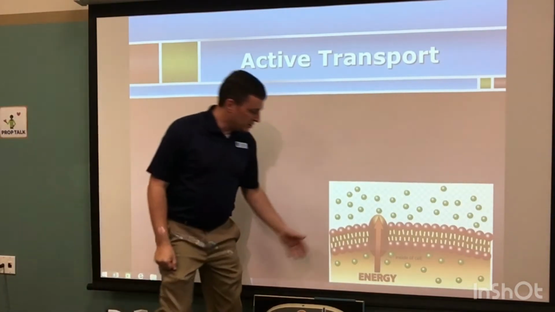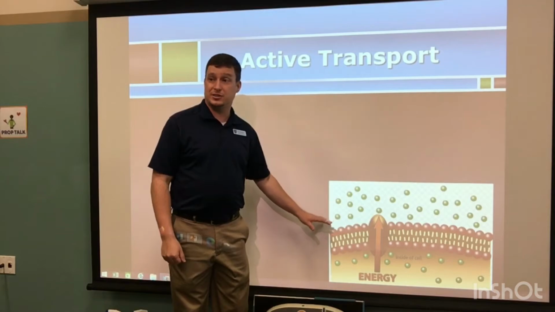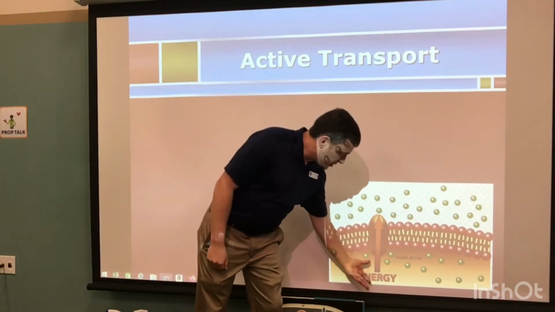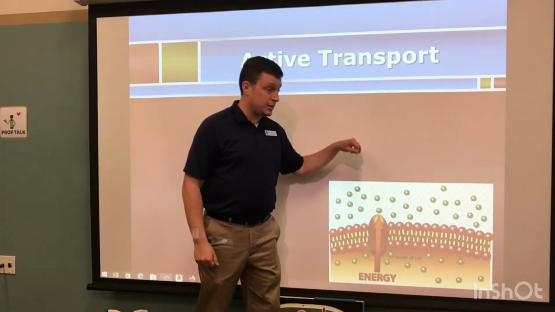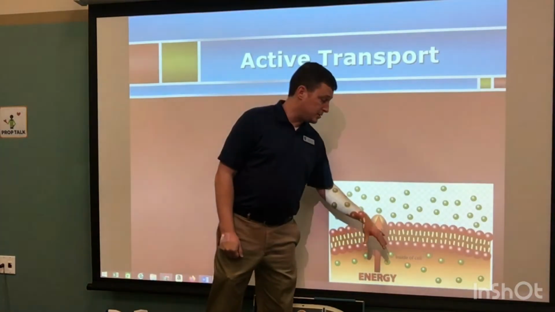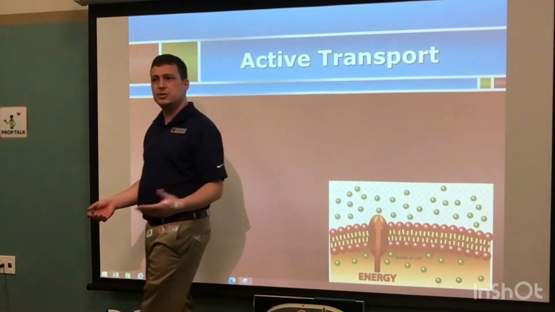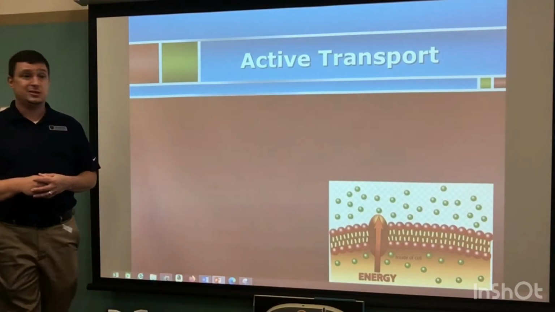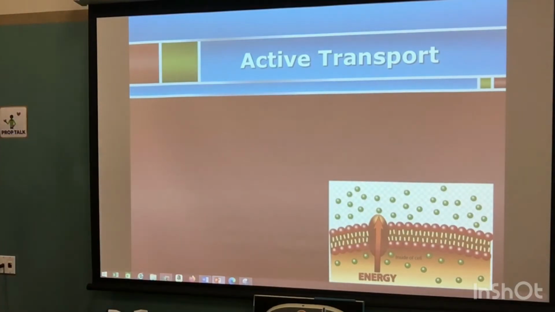Now you can see here, this is like an image of a cell. And it takes energy to push some things out and energy to pull some things in. Now diffusion, does diffusion require energy? No. So osmosis is diffusion with water, right? So your eggs that you have bathing at home, is it requiring energy for water to move?